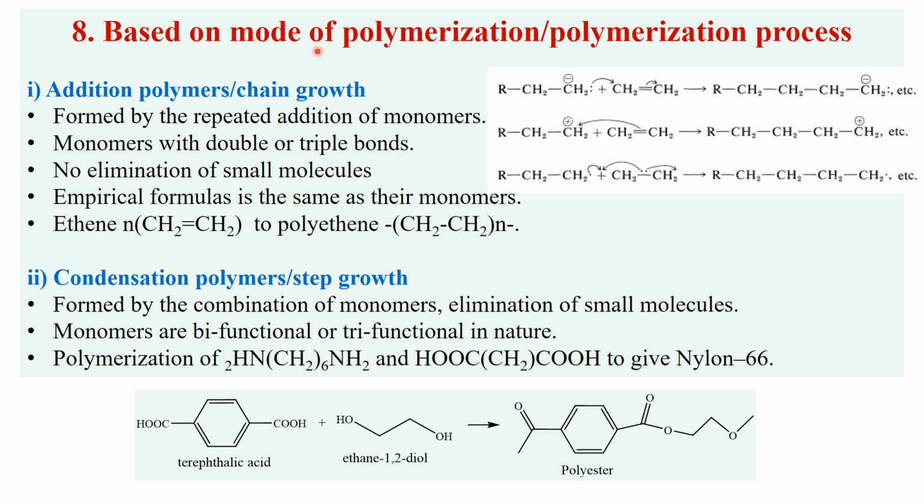On the mode of polymerization or the polymerization process, addition polymers are chain growth polymers, in which the polymers are formed by the repeated addition of monomers. Here the monomers usually have double or triple bonds. As the name shows, there is only addition or chain growth, so there is no elimination of small molecules like water or ammonia or HCl.